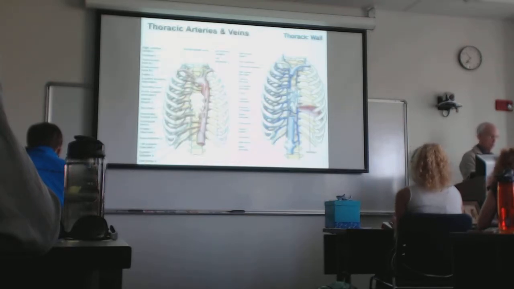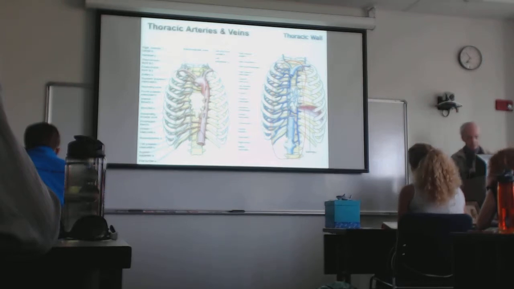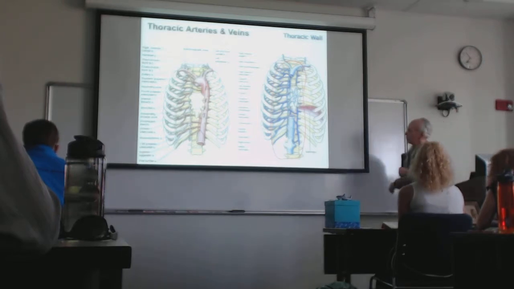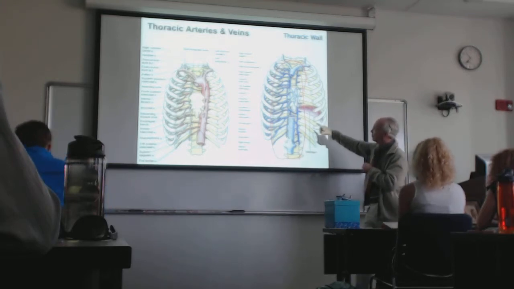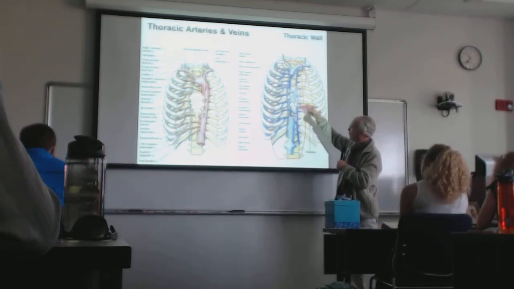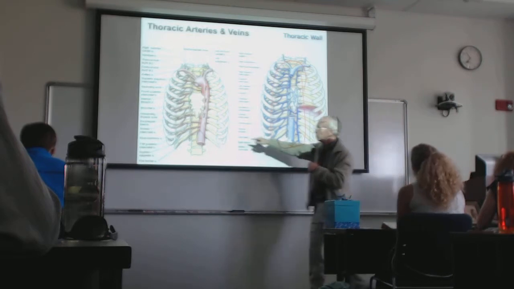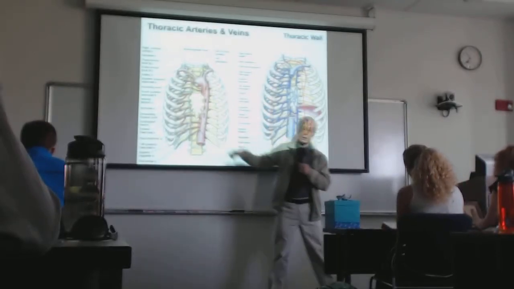We can see venous drainage over here, and I have it in your slides, we'll come back to this. This is our first exposure to this, I don't think we've talked about this before. You can see the intercostal veins draining into a system that's very different than the aorta.